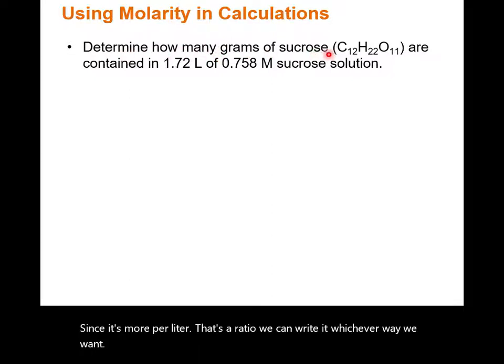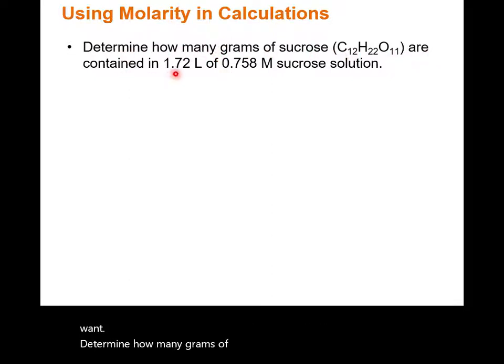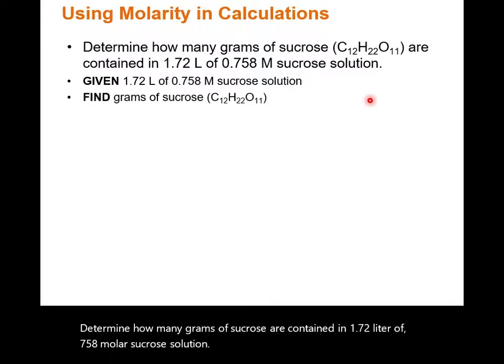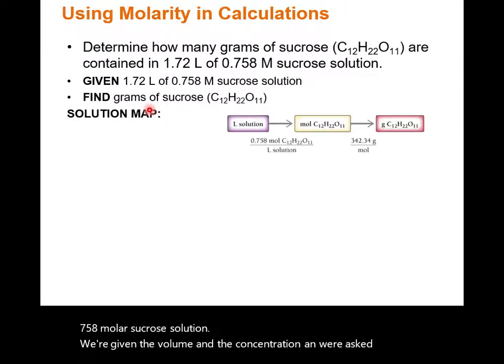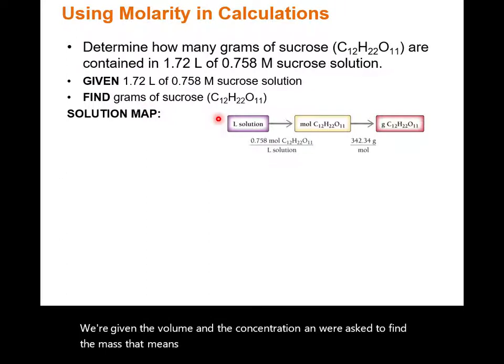Determine how many grams of sucrose are contained in 1.72 liter of 0.758 molar sucrose solution. We're given the volume and the concentration, and we're asked to find the mass. That means I'm going to go from volume to moles using the molarity.